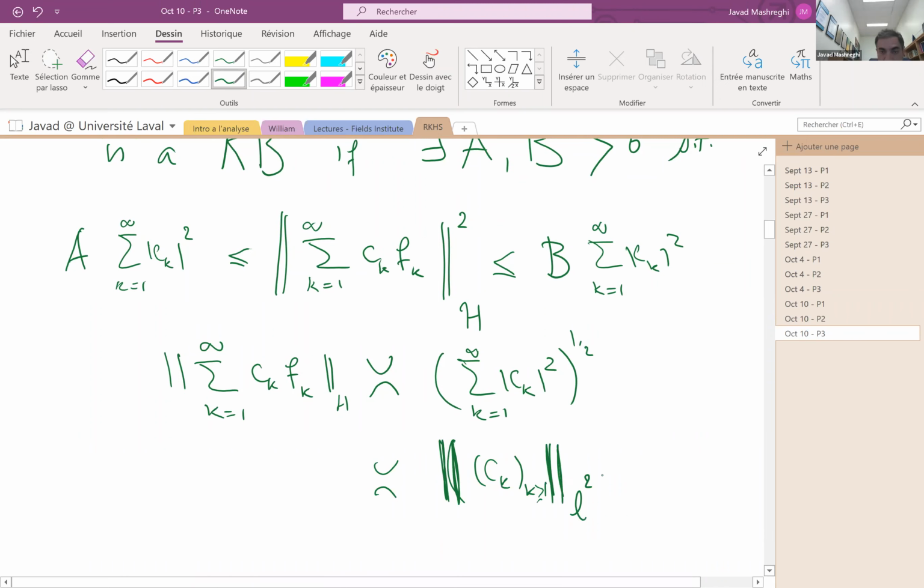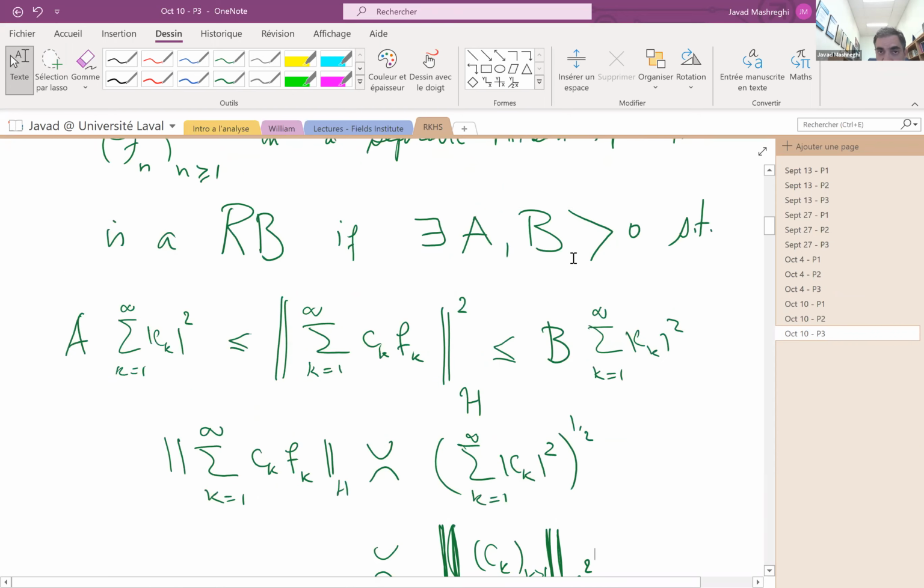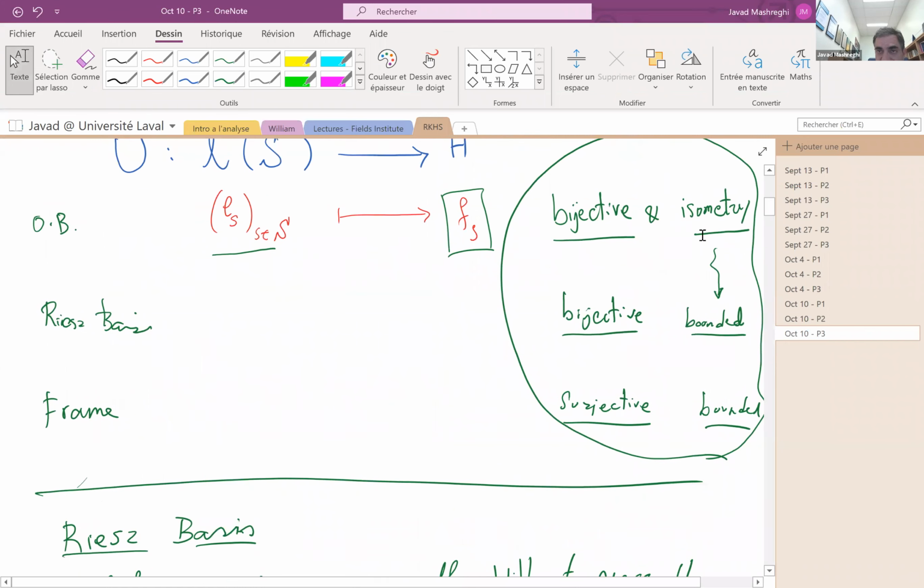Of course, for an orthonormal basis, this is the case with A equal to B equal to 1, but we relax a little bit. The relaxation here is seen as the existence of this A and B, which are not necessarily equal to 1. Over there, the relaxation is going from isometry to bounded.